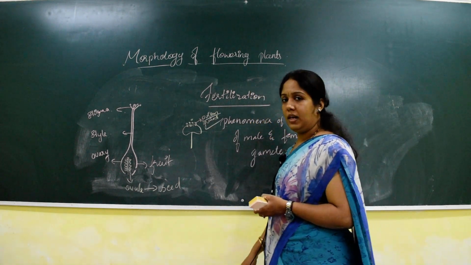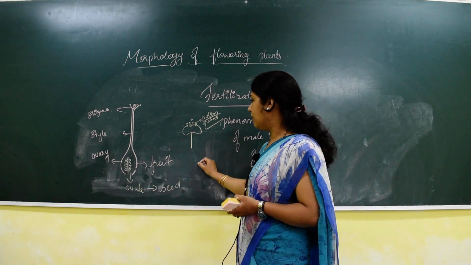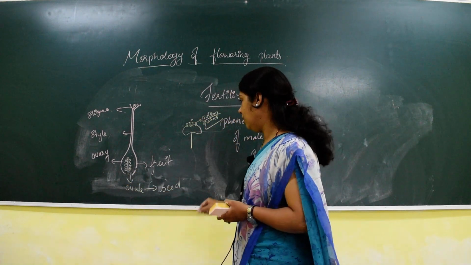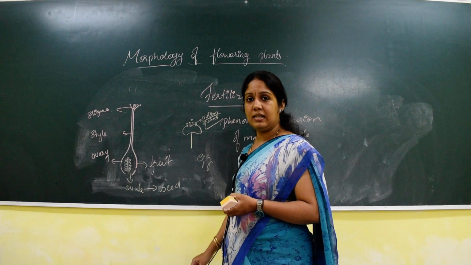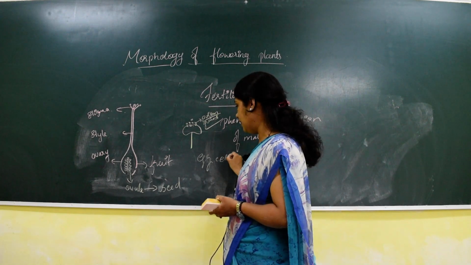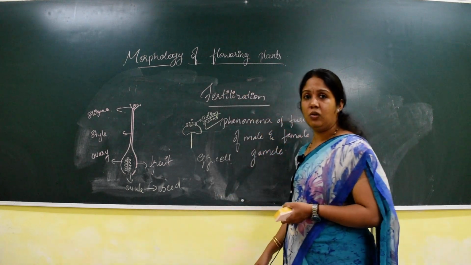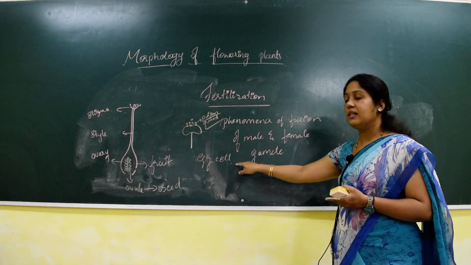Whereas the female gamete ಯಾವುದು ಅಂತಂದರೆ, inside the ovule there will be an egg. Understood? Egg cell ಅಂತ ಇರುತ್ತೆ, we'll call it an egg cell. Where is the egg cell? Inside the ovule. Ovary ಒಳಗಡೆ ovule, ovule ಒಳಗಡೆ egg cell ಇರುತ್ತೆ.